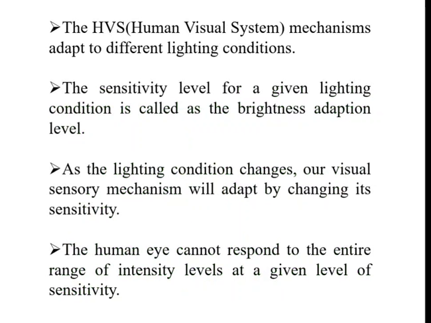The HVS, the human visual system, has mechanisms to adapt to different lighting conditions. The sensitivity level for a given lighting condition is called the brightness adaptation level. As the lighting condition changes, our visual sensory mechanism will adapt by changing its sensitivity. The human eye cannot respond to the entire range of intensity levels at a given level of sensitivity.